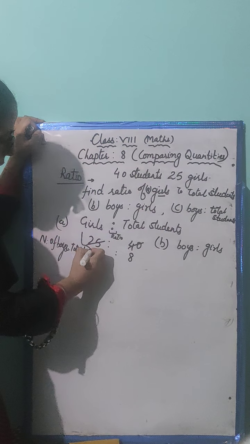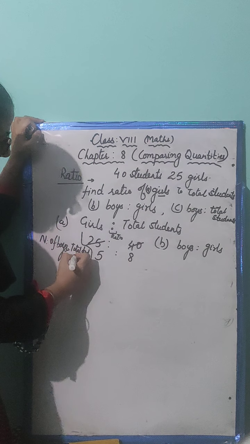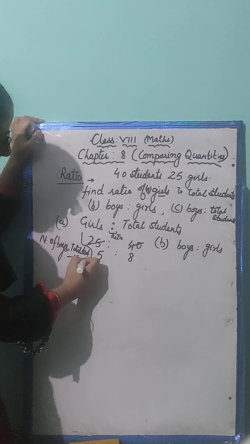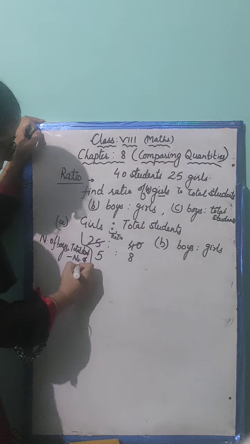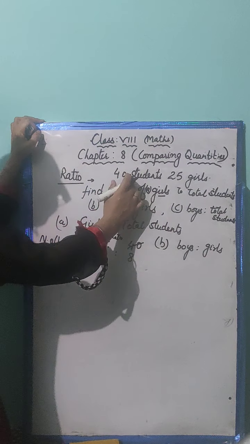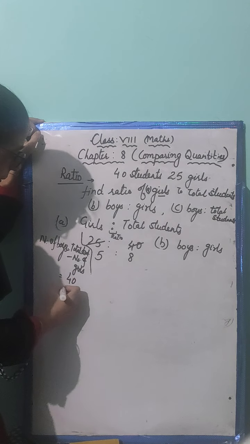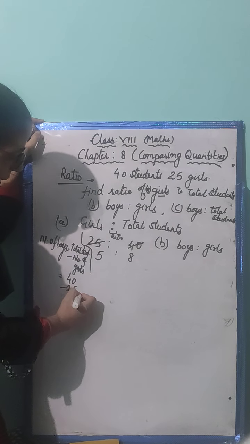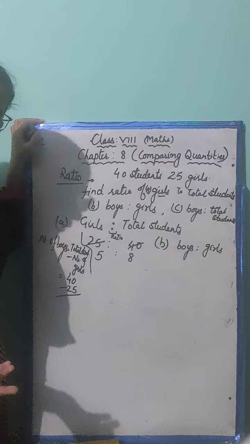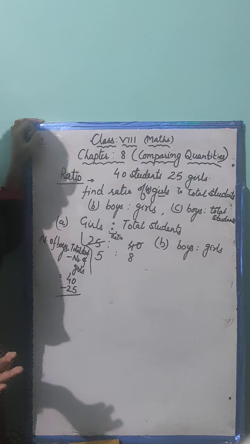Total students are 40 minus 25, because the students are either boys or girls.